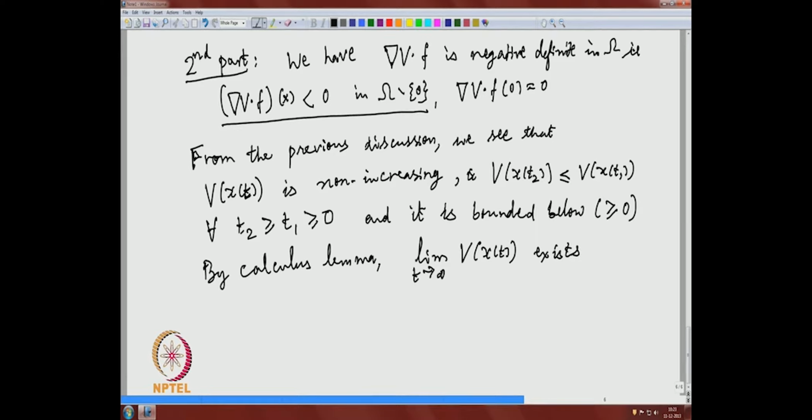Since this is a non-negative function, call the limit equal to L.